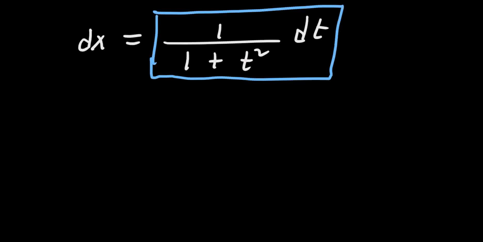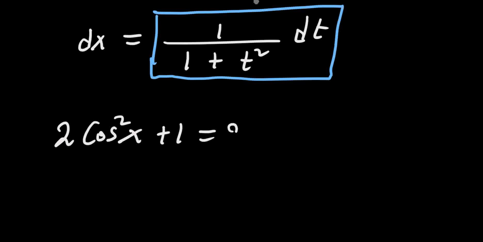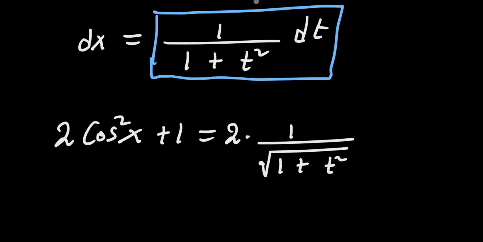So 2 cos squared x plus 1 will be equal to 2 times 1 over root of 1 plus t squared.